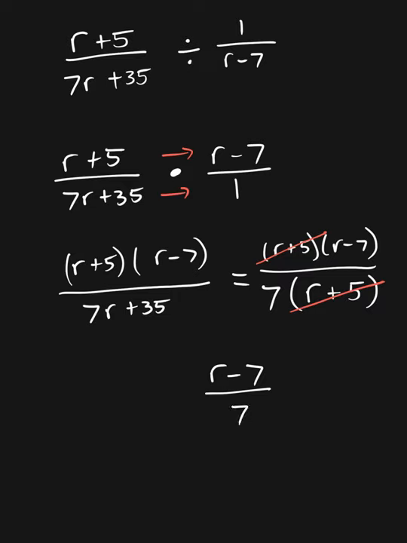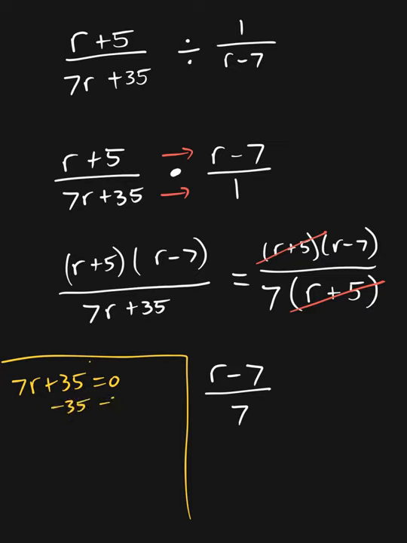Now we've got to do one big thing, and you probably know exactly what I'm talking about. We've got to start thinking about what's going to make this denominator 0. I'm going to go all the way back up to my original expression, that's 7r plus 35, and see when that equals 0.